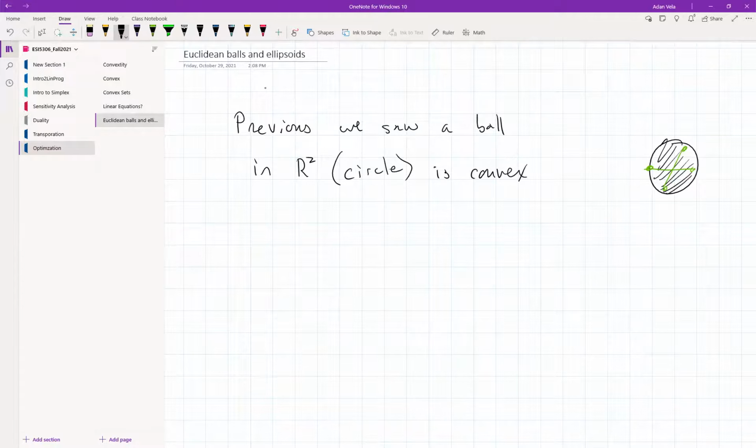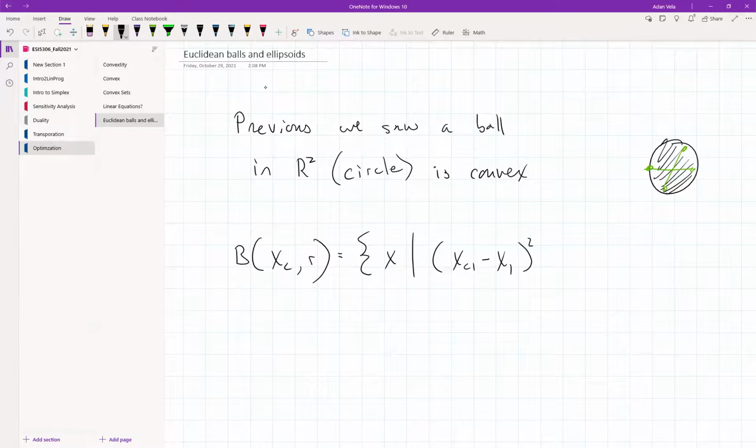If we have any ball that we can define by a center point and a radius, say the ball centered at xc with radius r, it is given by the set of all x such that (xc1 minus x1) squared plus (xc2 minus x2) squared is less than or equal to r squared.